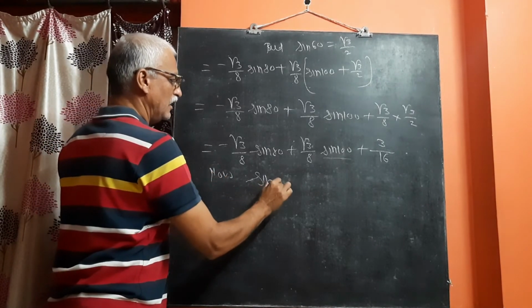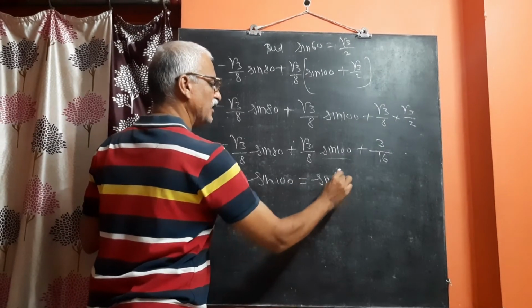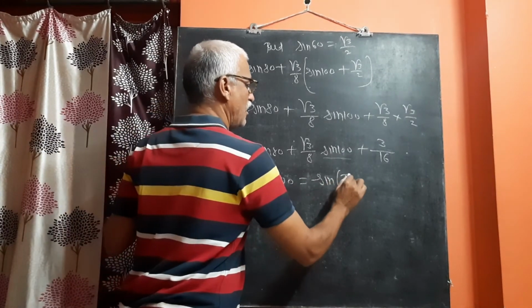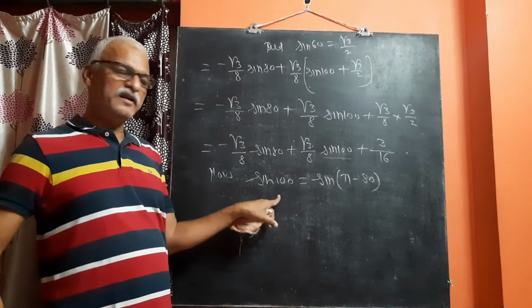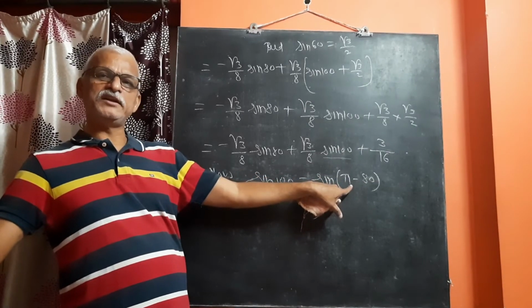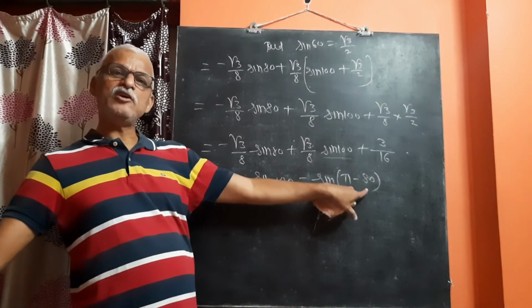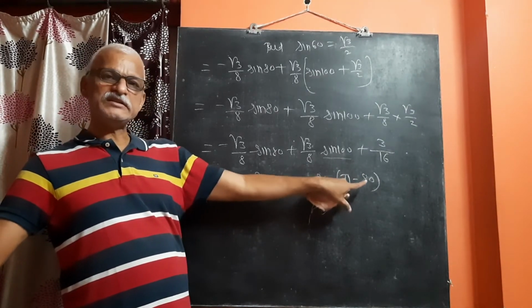So here sin 100 can be written as sin of pi minus 80. What is pi? Pi is 180. 180 minus 80, how much? That is 100. So sin 100 can be written as sin of pi minus 80.